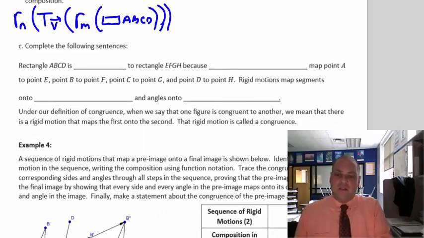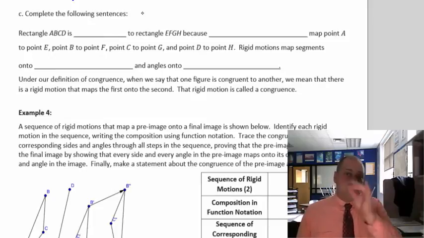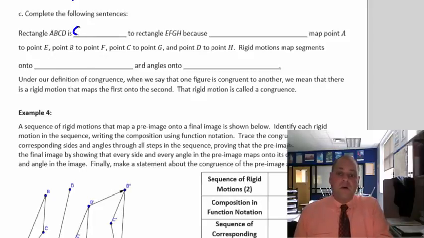Complete the following sentences. Rectangle ABCD is blank to rectangle EFGH. Well, after you do a sequence of rigid motions, they're going to be the same size and shape. So that's called congruent.